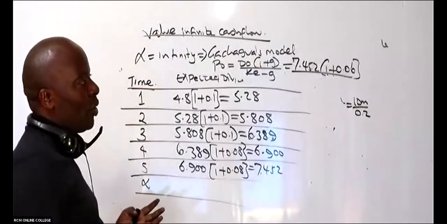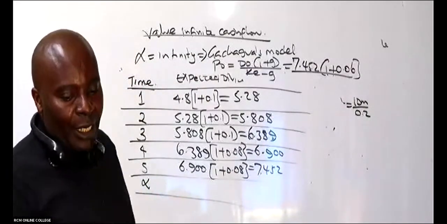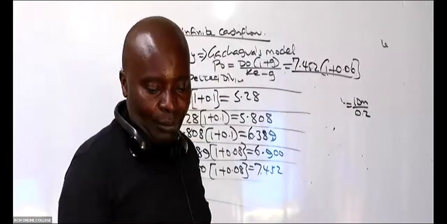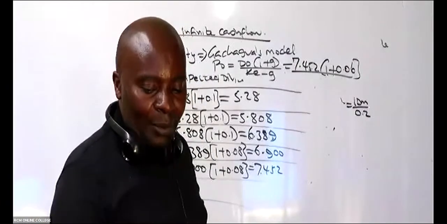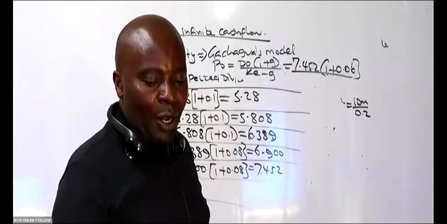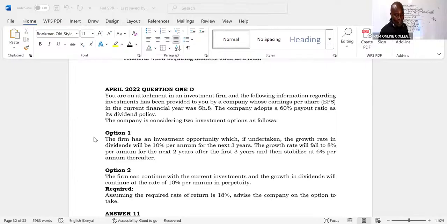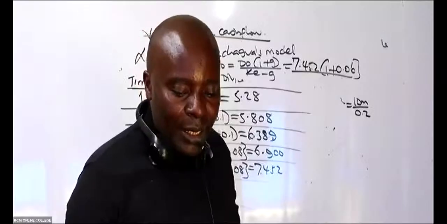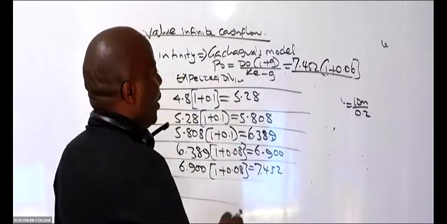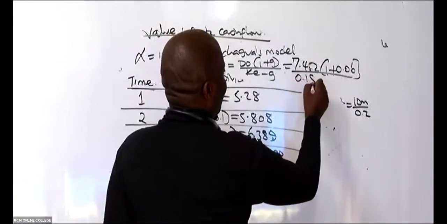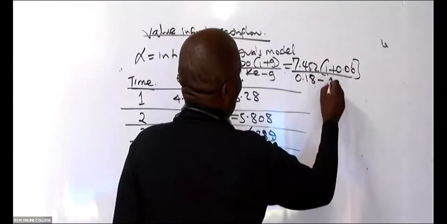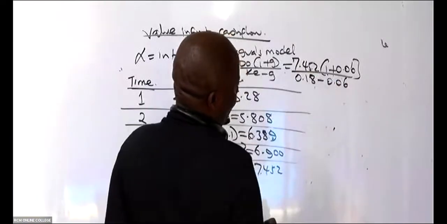The required return has been given by the examiner, and required return is the same as cost of capital. Assuming the required return is 18%, this is the cost of capital, the Ke. So we have 0.18 minus our perpetual growth rate, which is 0.06.